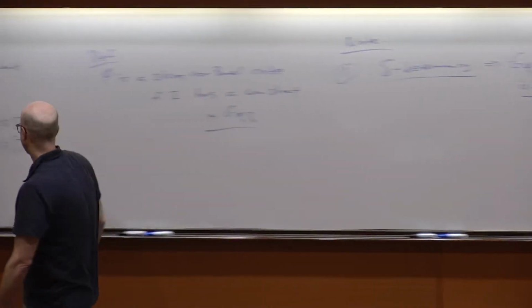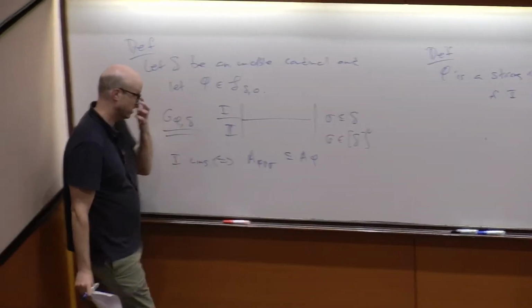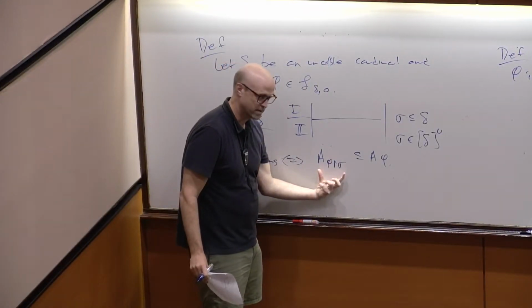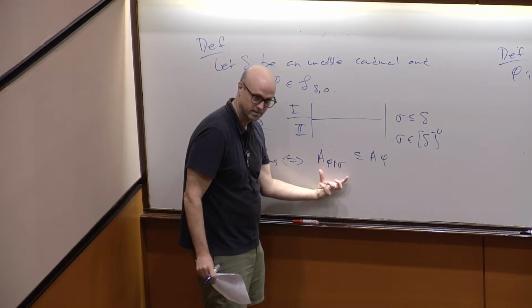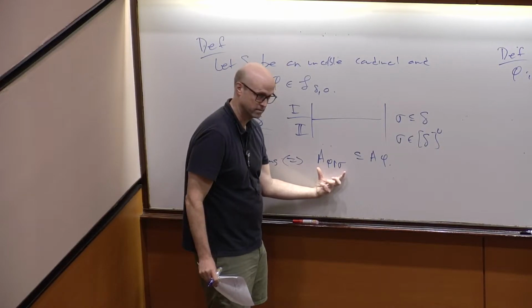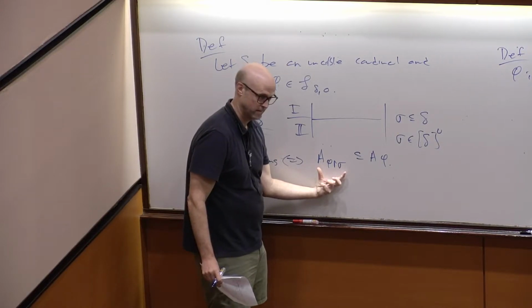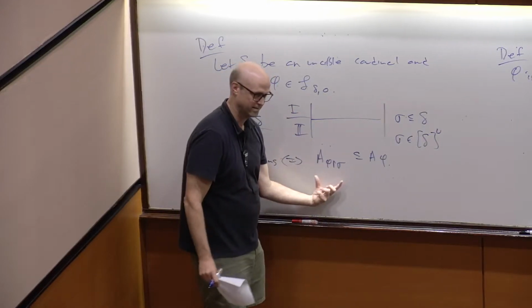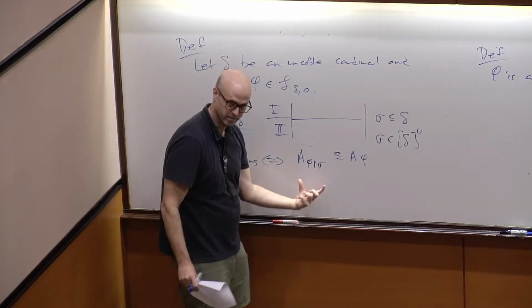As we build sigma, sigma is countable, so this thing is a Borel set. So as we build sigma, we can continuously build a real coding, a Borel code for phi restricted to sigma.